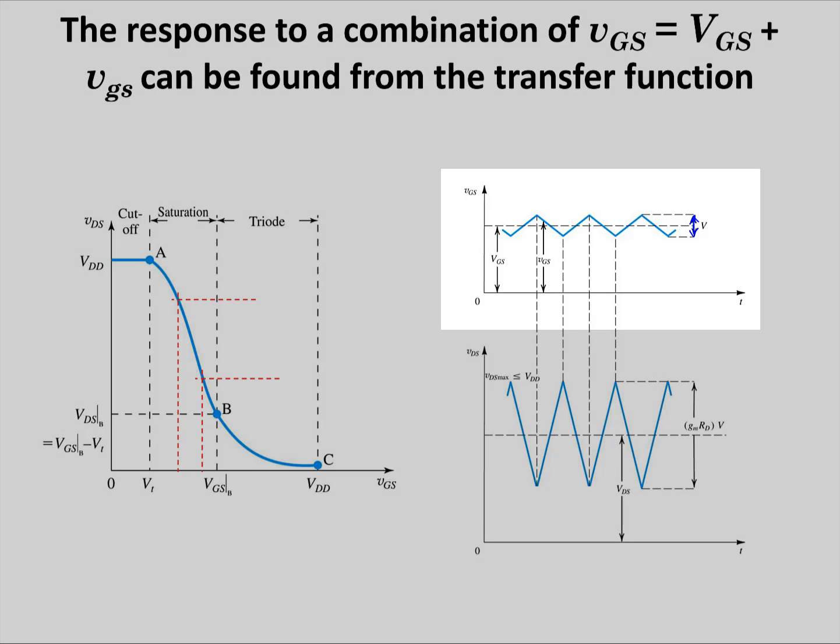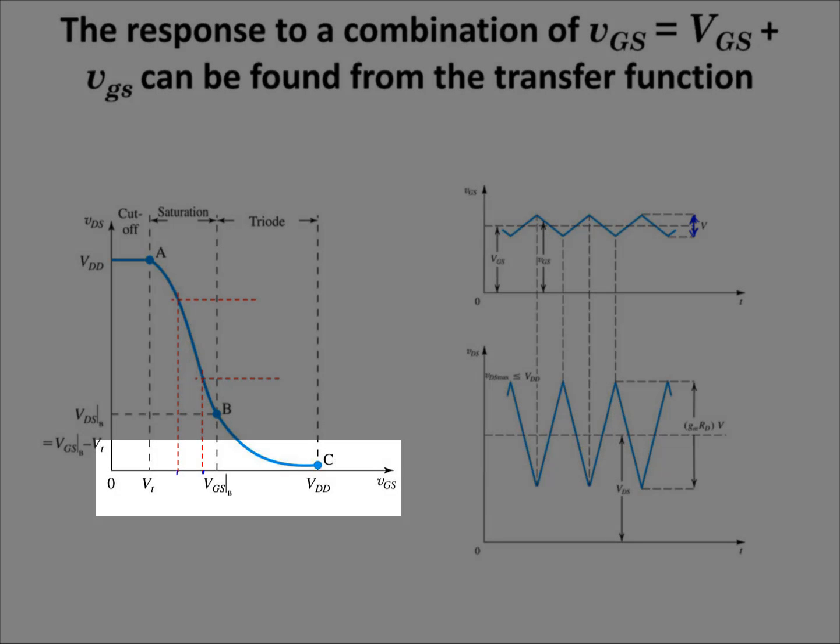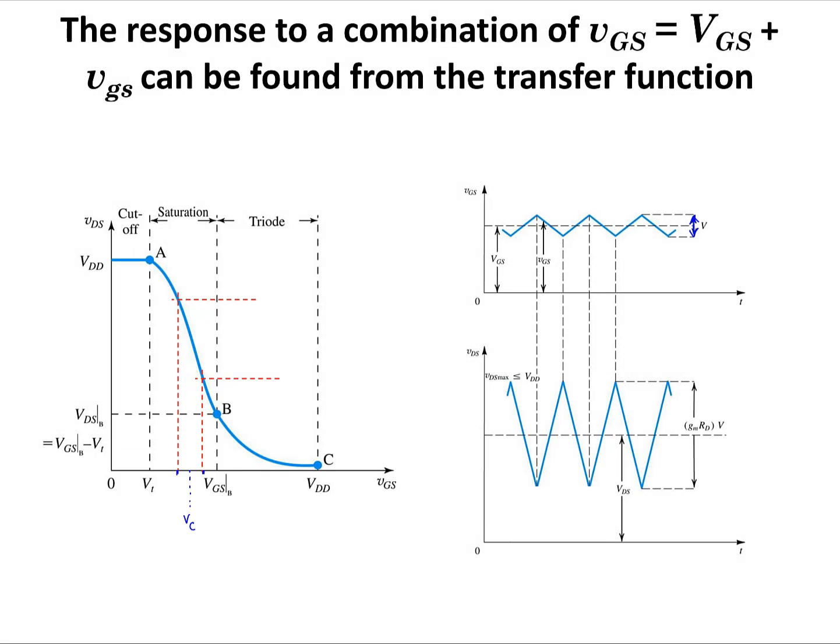If I want to represent it on the transfer function, I can select these two points depending on my value of the DC value, the constant value V_GS, and I can show that the amplitude of total V_GS changes in this range. So it gets slightly less than the DC value and it gets slightly greater than the DC or constant value.